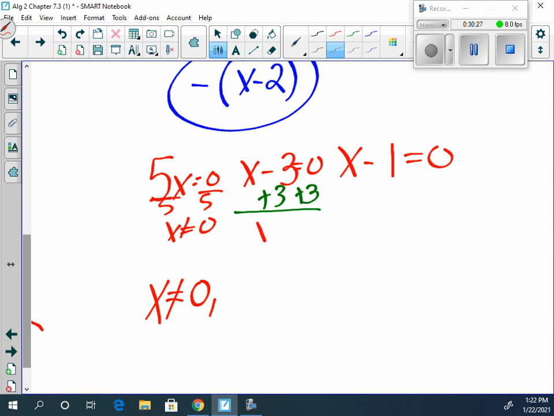It would tell us x is equal to 3. So x cannot be 3. And lastly, we can add 1. Tells 1, so x cannot be 1. So here it can't be 0, 3, or 1. So some of these aren't too bad. You can probably see most of these here, what would make them be 0. And some it will be helpful to actually solve it out.